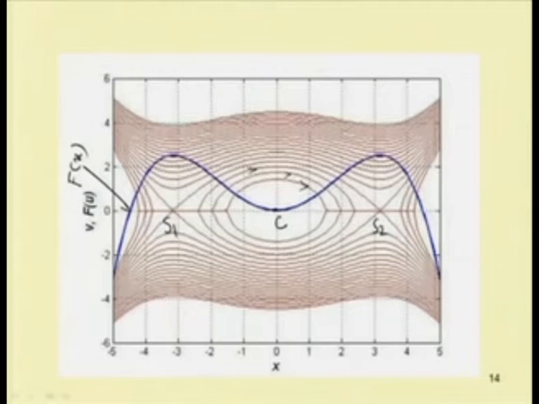So, these 2 points S1 and S2 are unstable points and C is a stable point. So, for example, if you take a particular value of h here, we have 0 velocity, and before and after this point we have two values.